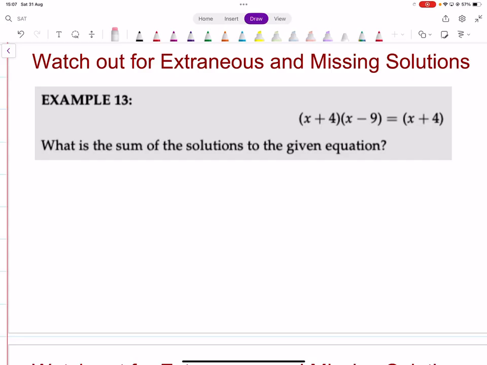Nirma, you done? What's the sum of the solutions? Five, sum of the two solutions. Could be.